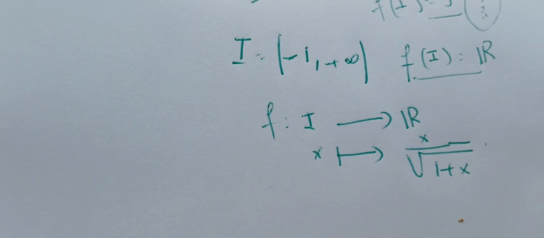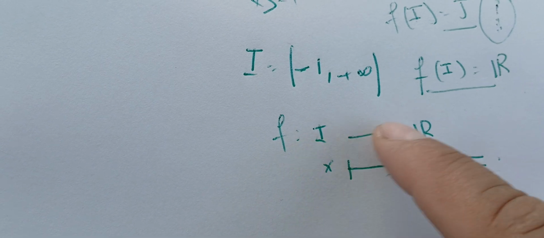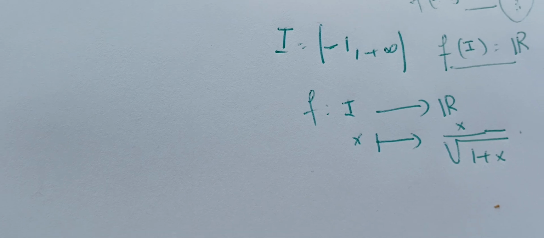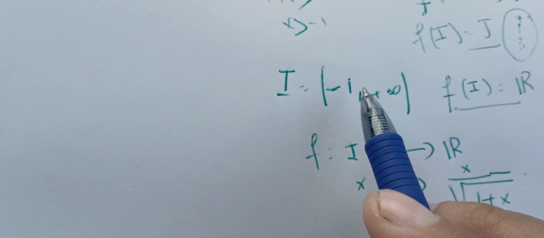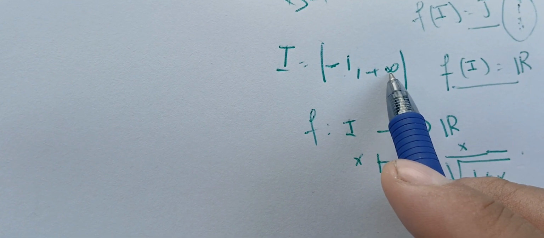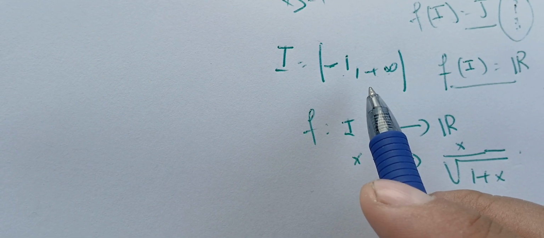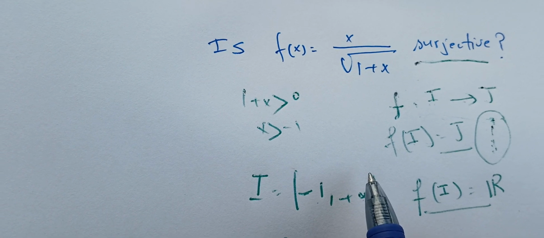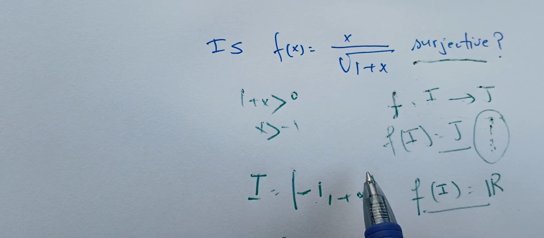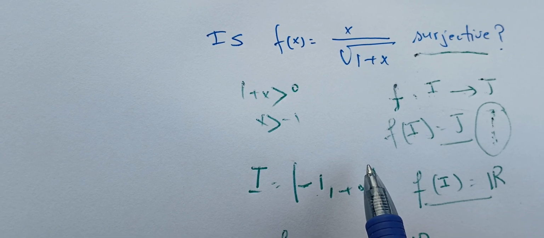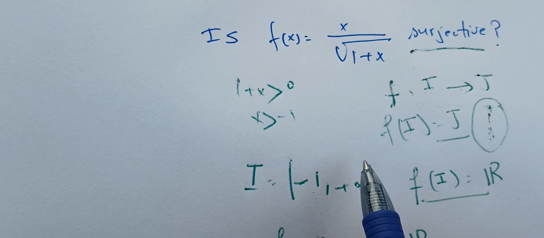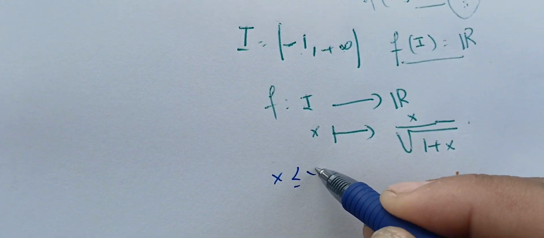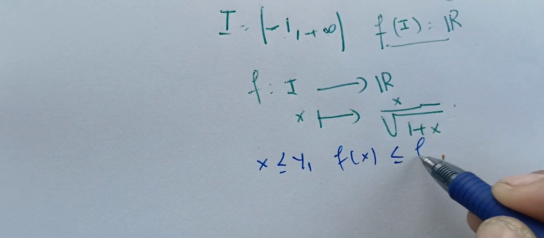To prove that f is surjective, we need to show that the image of I is just R. To do that, we see that in I we have a problem at -1 and +infinity, and that f is an increasing function. To show that, we can use derivatives, or we can just use the fact that if x is less than or equal to y, then f of x is less than or equal to f of y.